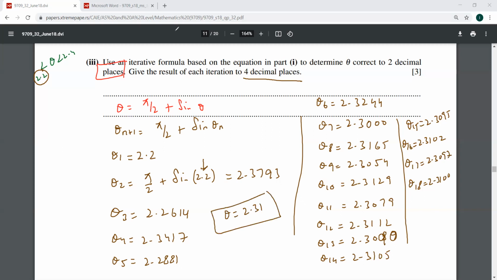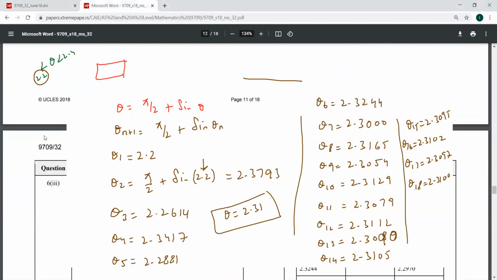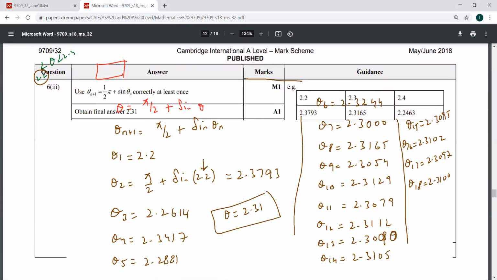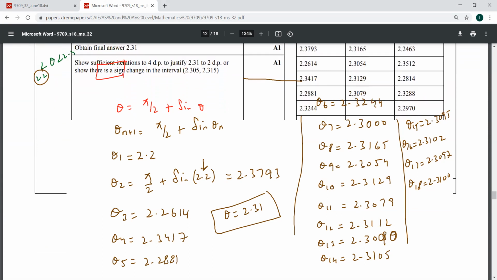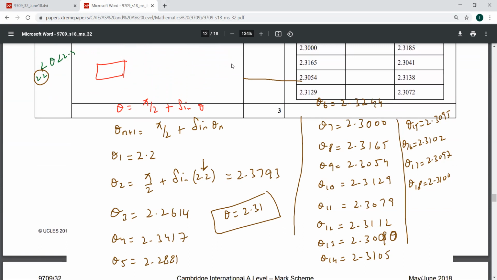Let me check the answer. It was question number 6. Yeah, this is 2.31. You look, he has done so many trials here. So we keep it up to this and the remaining part in the next segment.